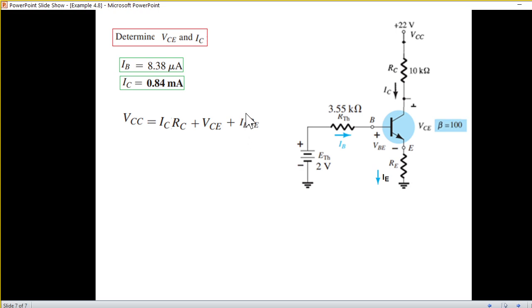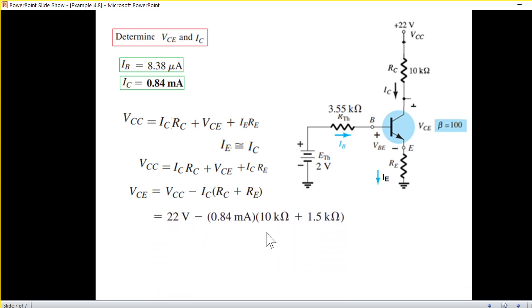Now here also we'll replace IE, because we know the value of IC, and we also know that IE is approximately equal to IC. So replacing IE by IC and just manipulating, we need to find VCE. So VCE will be VCC minus IC RC minus IC RE. Plugging in the values, VCE will be 12.34 volt.